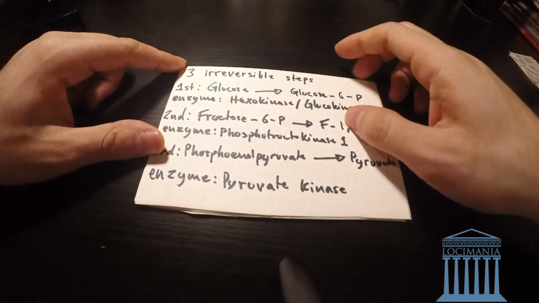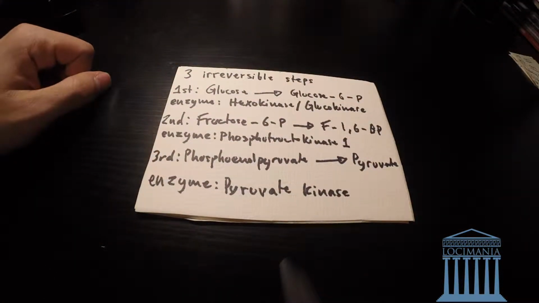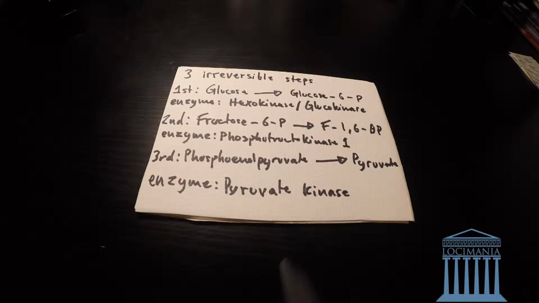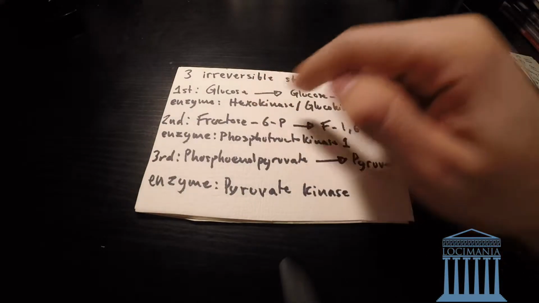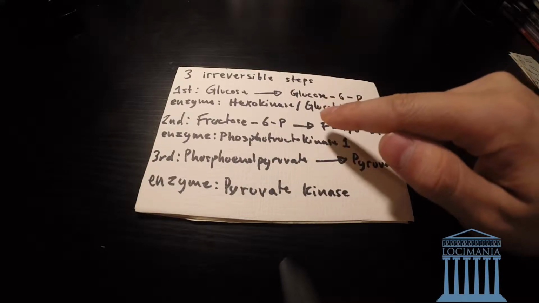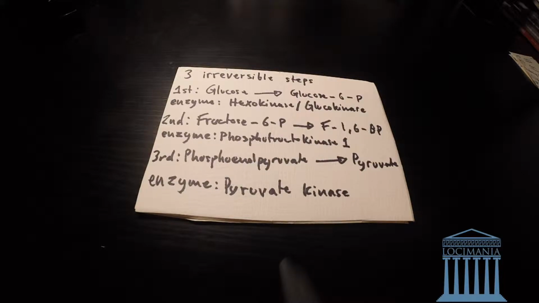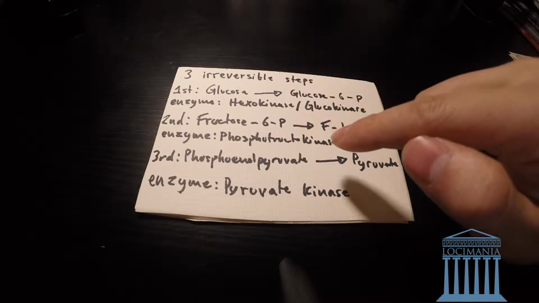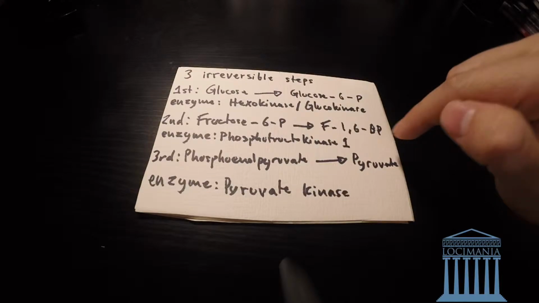Let's go through here. So here are the 3 irreversible steps that I was talking about. They are really important to memorize because in the gluconeogenesis pathway, we'll have to have some steps that will overcome these steps. So the first one is glucose to glucose 6-phosphate. The enzyme there, as I already said, is hexokinase and glucokinase. The second one is fructose 6-phosphate to fructose 1,6-bisphosphate.